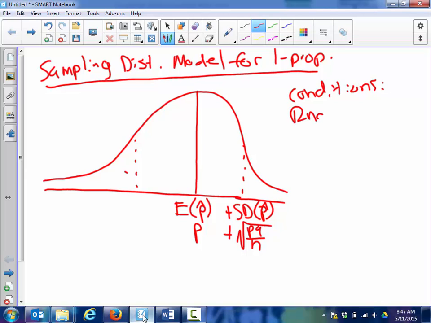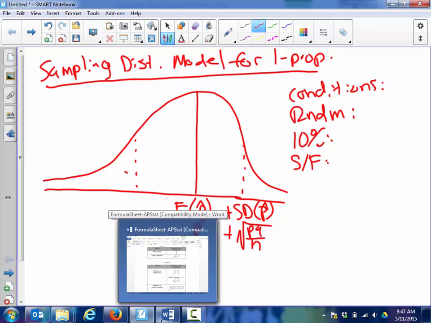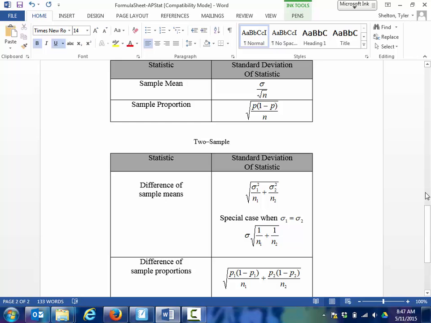The conditions are the following three: randomization, don't abbreviate that on the AP exam, your 10% condition, and success failure. Again, write out success failure on the AP exam. So where do you go on the stats reference sheet if you need a sampling distribution model for one proportion?